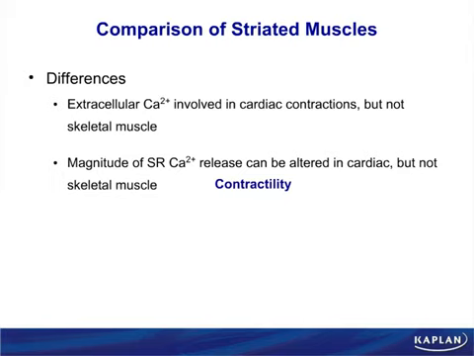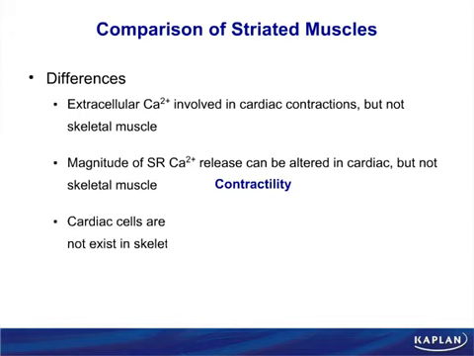You don't saturate all the troponin binding sites, so you don't get all the fibers engaged. So if we increase calcium release, we will increase force of contraction. That, of course, is contractility, also known as the inotropic state. We talk more about contractility in the inotropic state in section 4. But this is a big point regarding cardiac muscle.